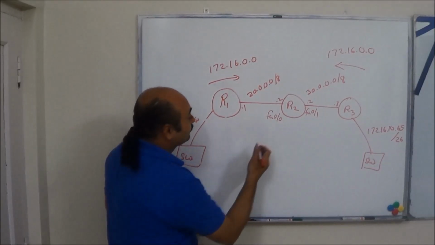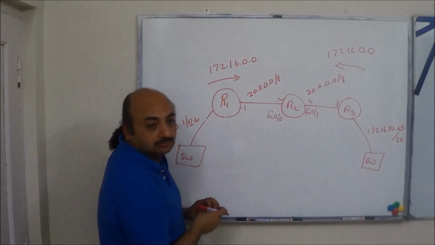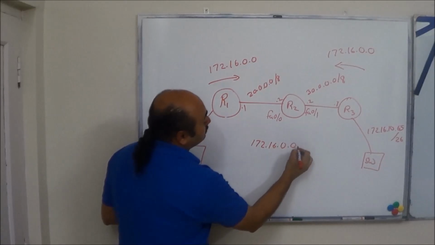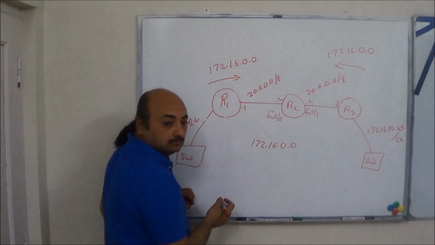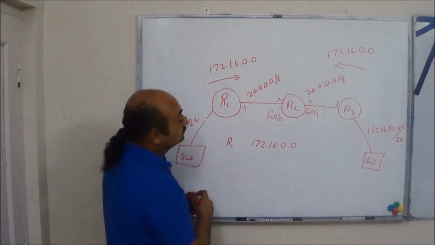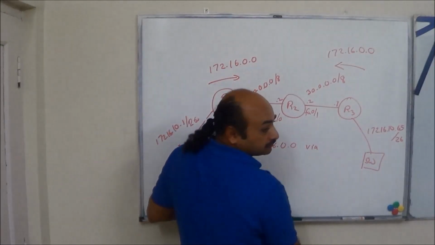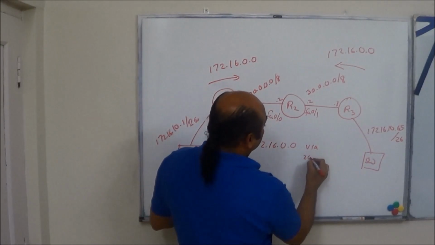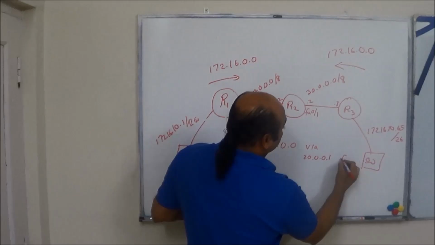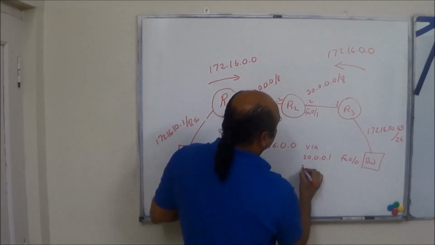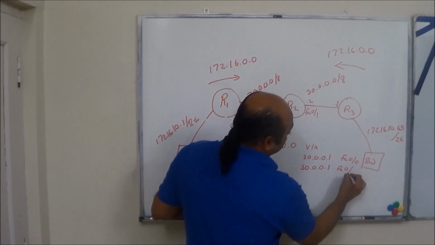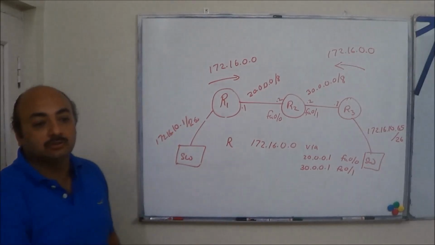So what will it say? It will say 172.16.0.0, learned via RIP, via 20, on both, and equal path.